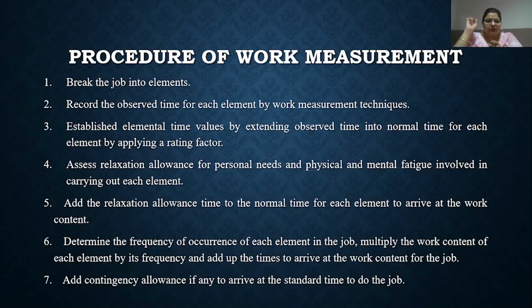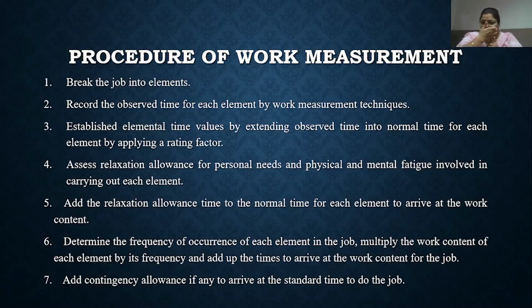So that is also included in work measurement. Next is to add the relaxation allowance time to the normal time for each element to arrive at the work content.